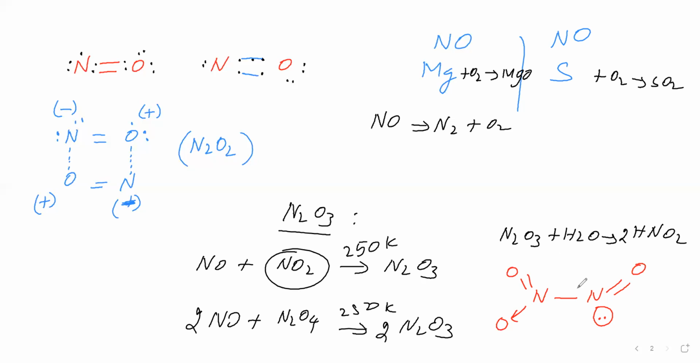Next we will go for NO2, nitrogen dioxide. Now, how to get nitrogen dioxide? We'll see. Take any nitrate salt, any metal nitrate. That on heating gives NO2 gas. Any metal nitrate you strongly heat, you will get NO2 gas.